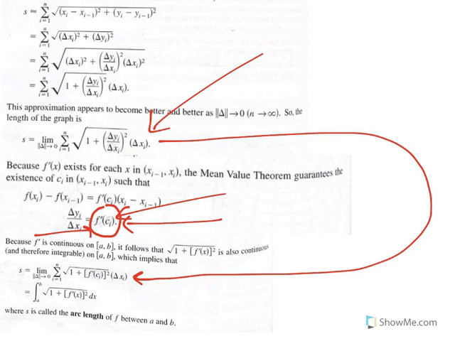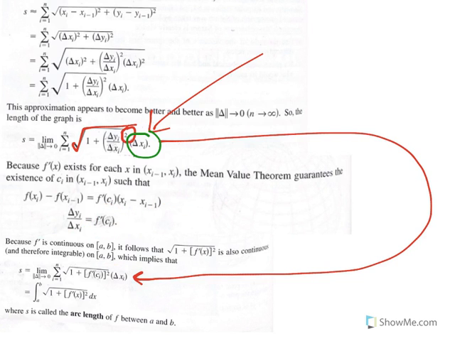So this becomes f prime of c sub i squared. So you have the square root of 1 plus f prime of c sub i squared, and of course you have that delta x sub i.